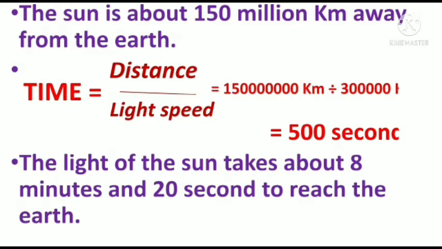So this is an important thing, and we are talking about the complete solar family, the family of the Sun, and that is known as the solar system. There are mainly 8 planets that move around the Sun: Mercury, Venus, Earth, Mars, Jupiter, Saturn, Uranus and Neptune, okay.